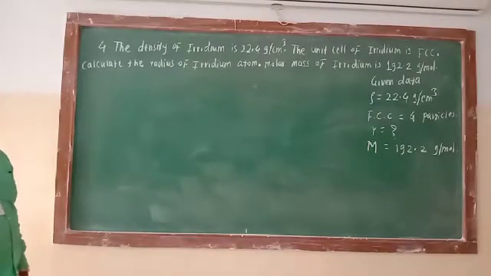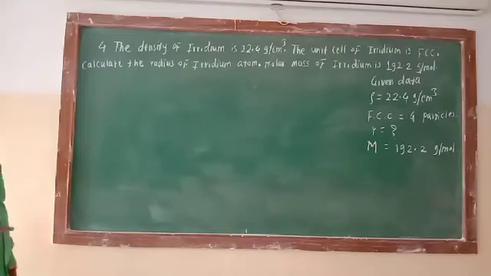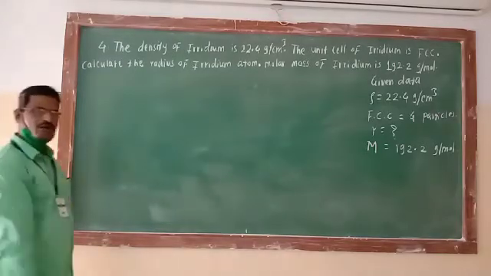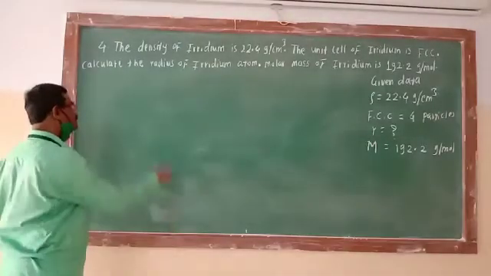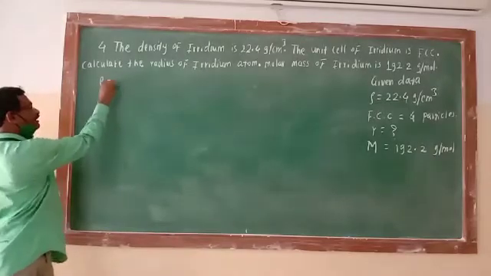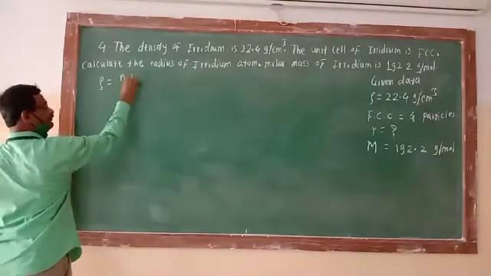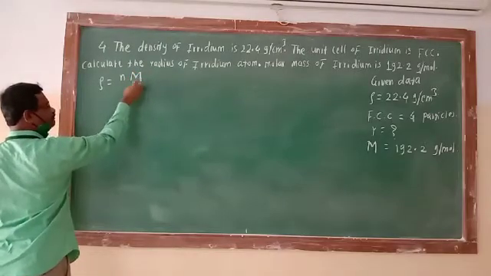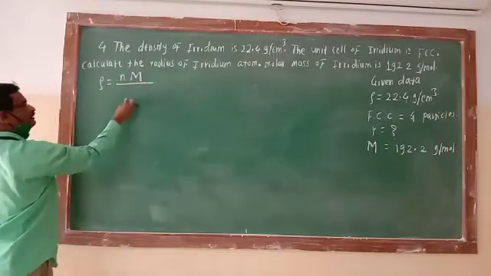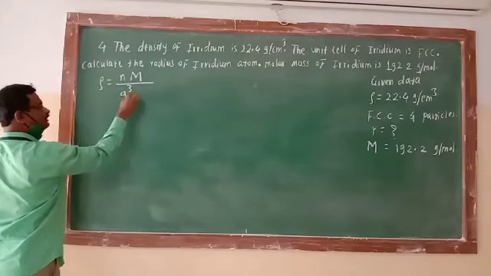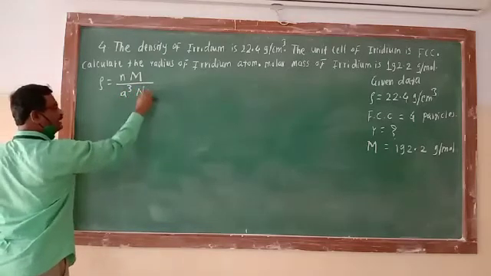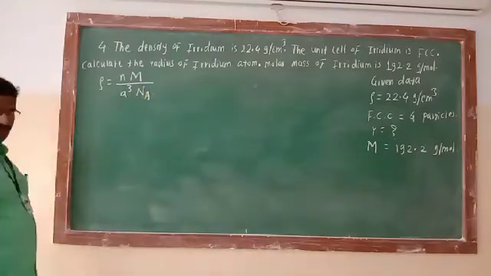So first of all, using the expression which I have just told you, for density rho, density will be equal to N M divided by a cube multiplied by Na, Avogadro's number.